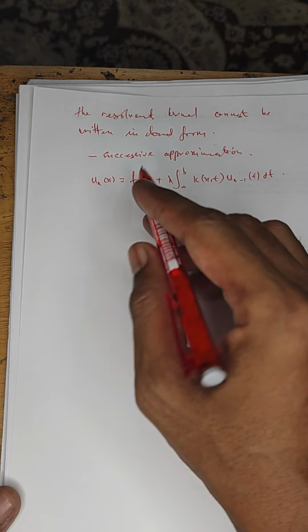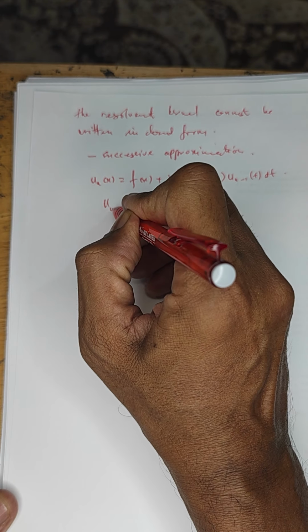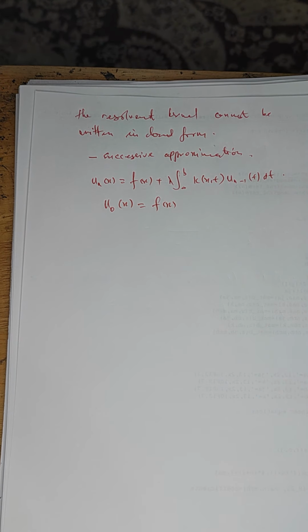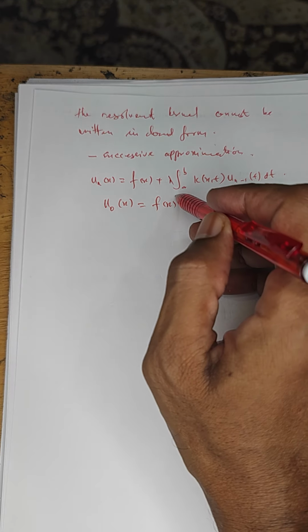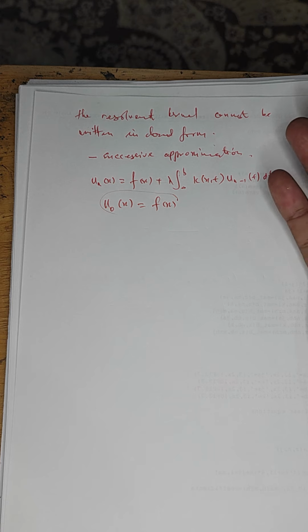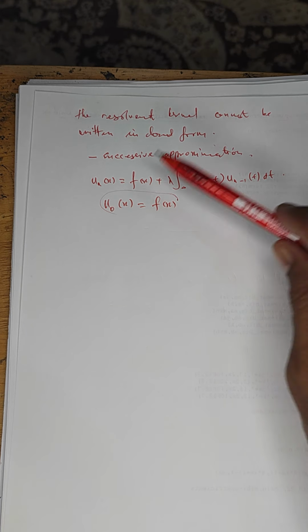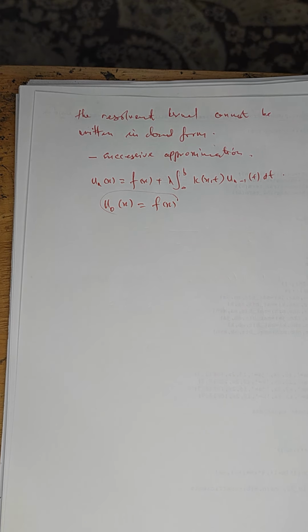And normally u_0(x) we can take as f(x). If it's given beforehand in the problem, then we have to use the given u_0, else we can take u_0 as f(x).